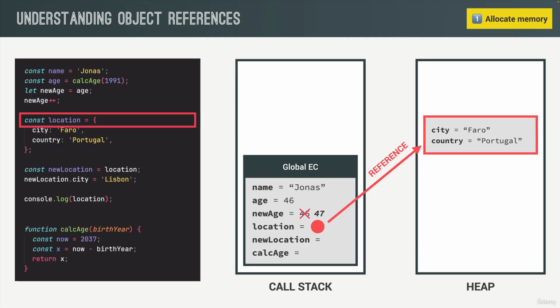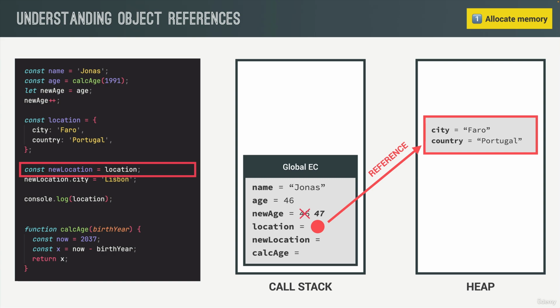Because as we move on to the next line, here we create a copy of the location object called newLocation. And so here is where it gets really interesting. So if a variable like location simply contains a reference to the object, then as we copy the variable, what we're actually copying is only the reference to the object, but not the object itself.